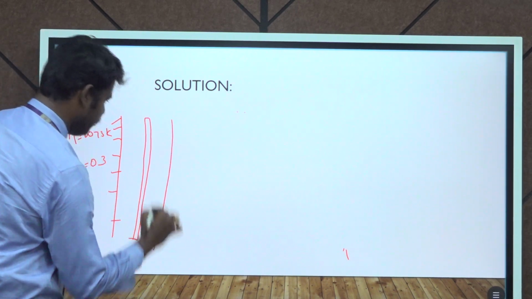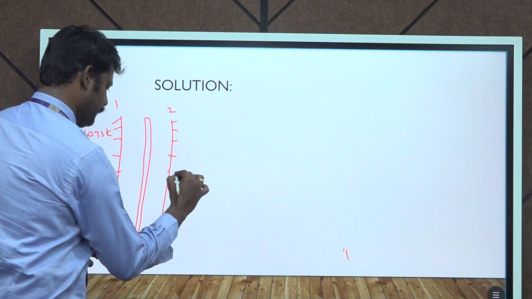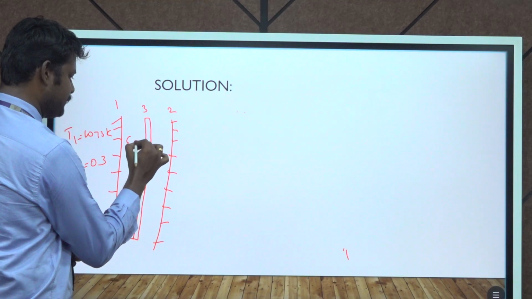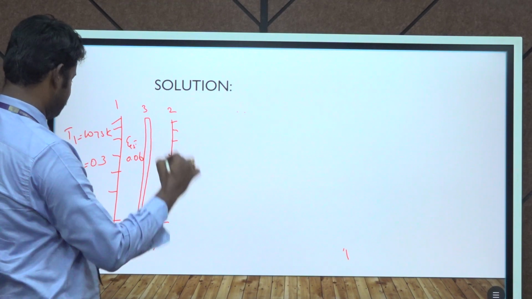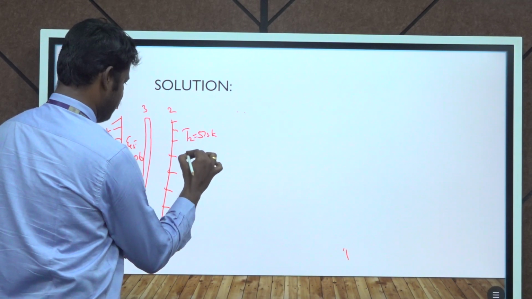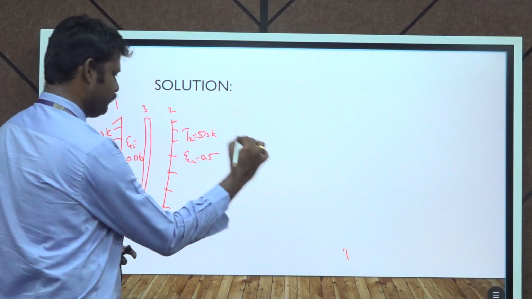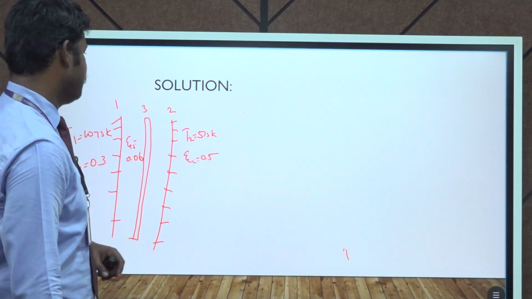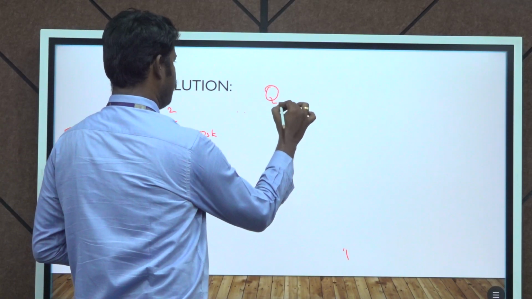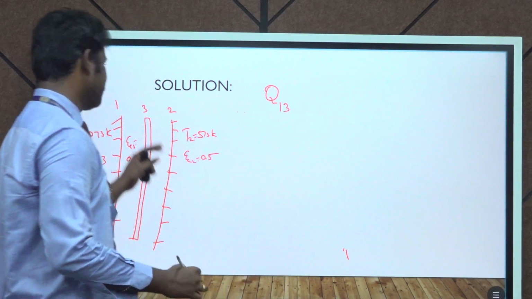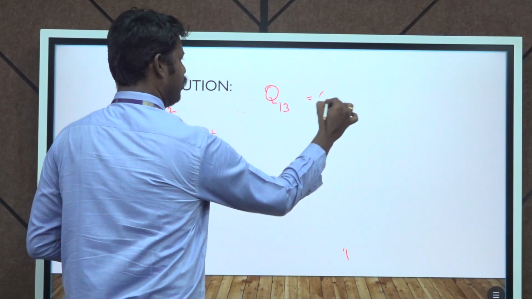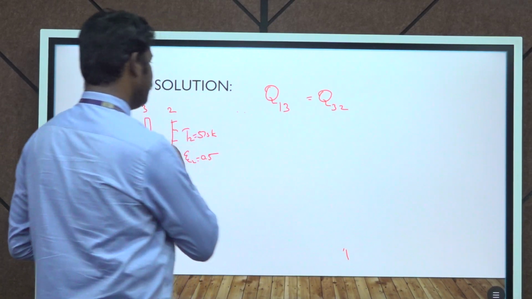This is 1, this is 2, and the shield is number 3, with emissivity 0.06, and T2 573 Kelvin with epsilon 2 0.5. Now, with the shield, the net radiant heat exchange Q13 from 1 to 3 and Q32 from 3 to 2 will be equal.